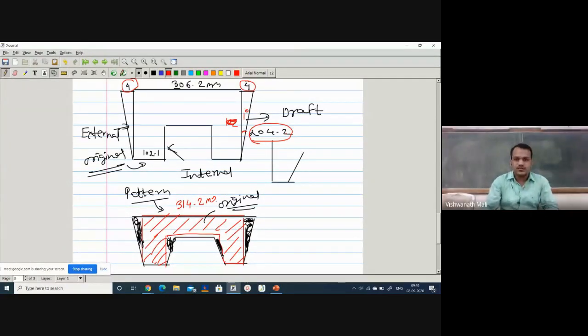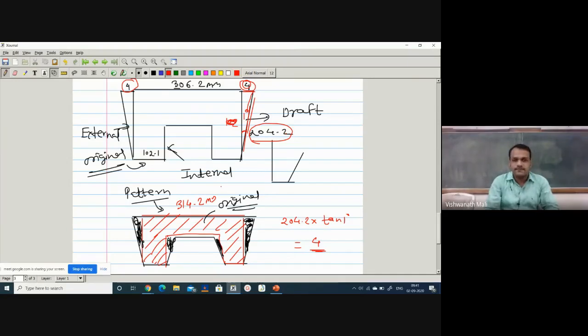So how do we get it? 204.2 into tan 1, and you will get some dimension. Suppose we got 4 here. That 4 we will give here, and then we will join this. We are not going to calculate, we are directly going to join this.